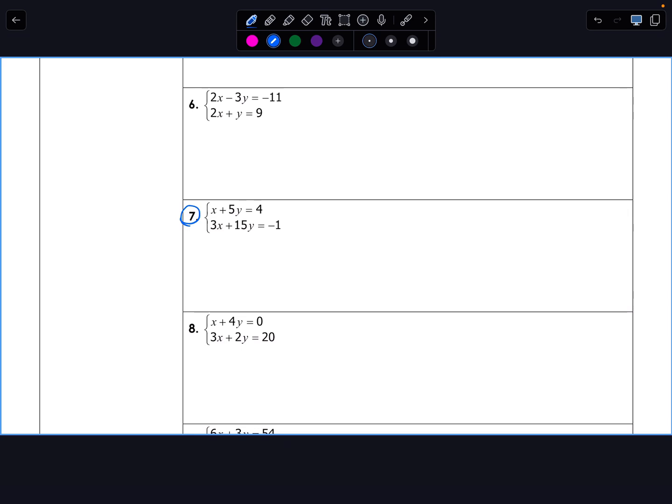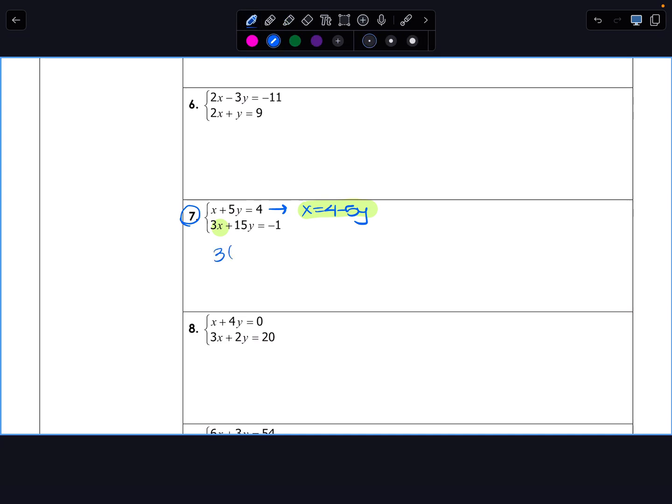So if I choose the first one, I can just subtract 5y from both sides and get x by itself. What I'm going to do is take this equation that I just solved for and plug it in for my x in my second equation.